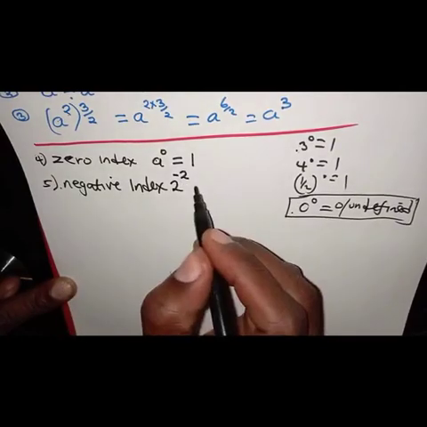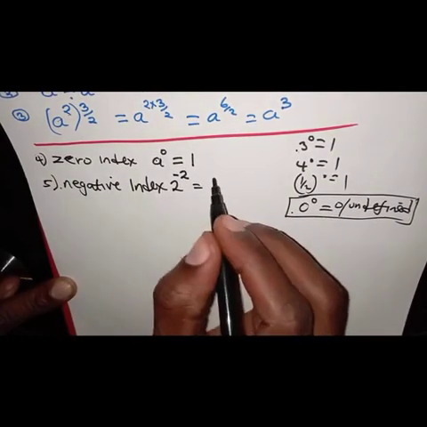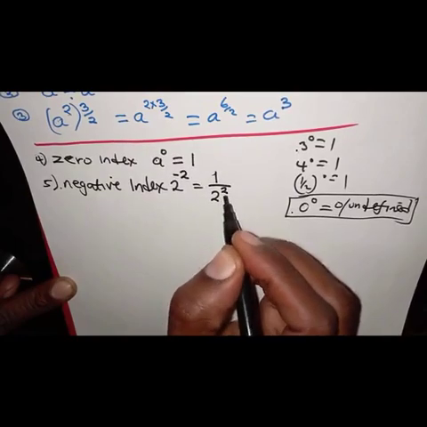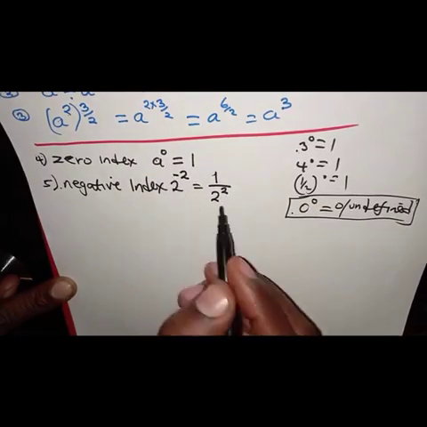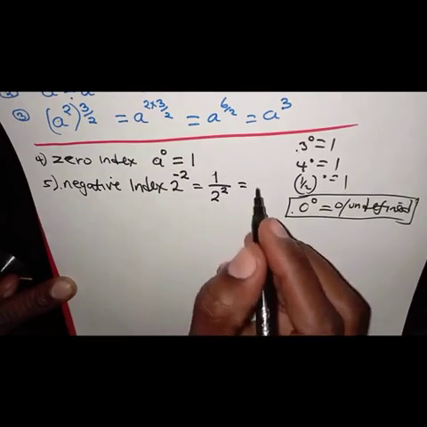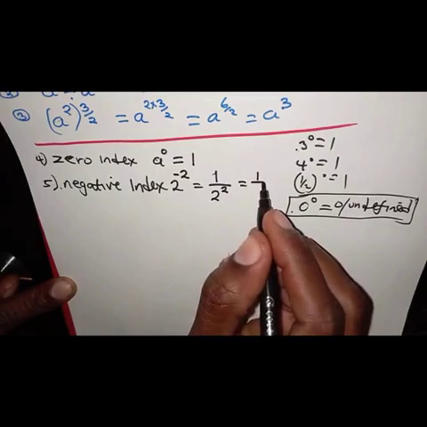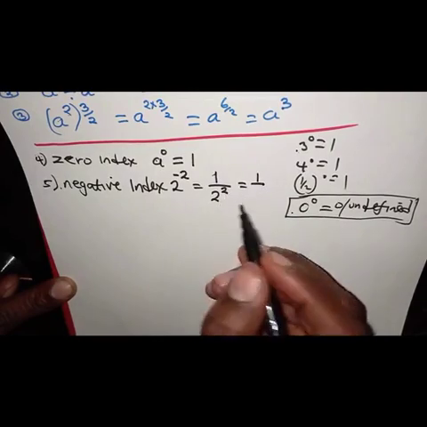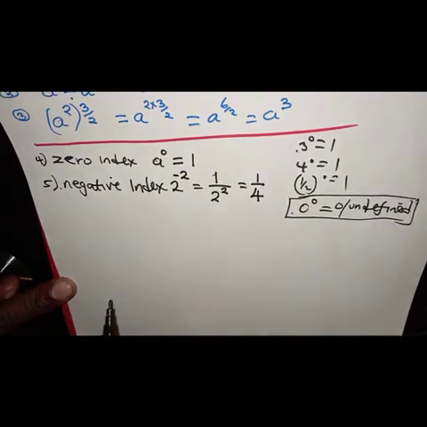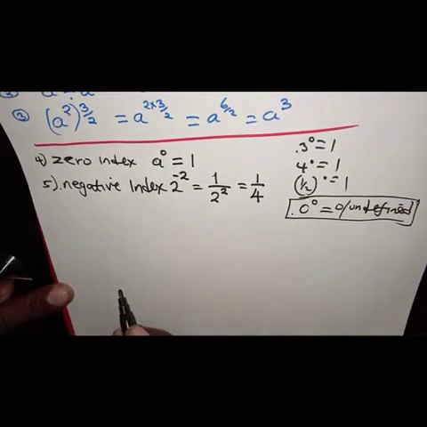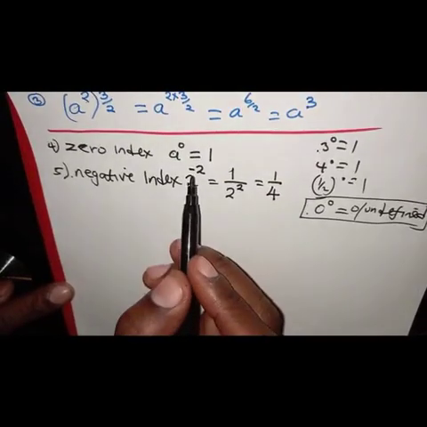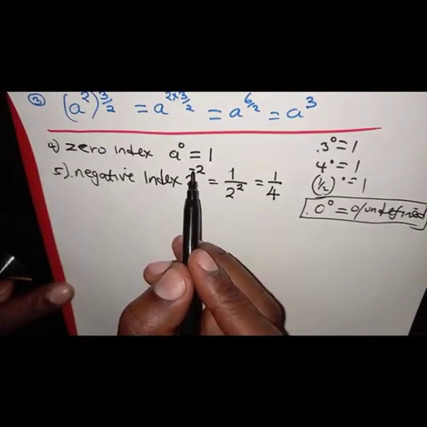The power is negative, so you should write 1 over 2 to the power positive 2. This negative now will change into positive because of this 1 over, of which now you can easily write the answer. 2 to the power 2, it means 2 times 2, which is 4. That's how you're supposed to deal with a negative index, a negative power.